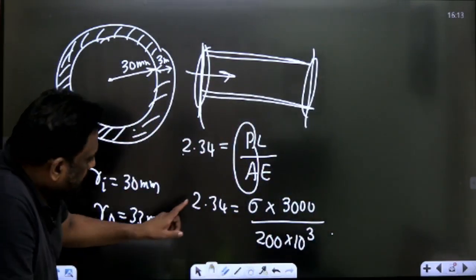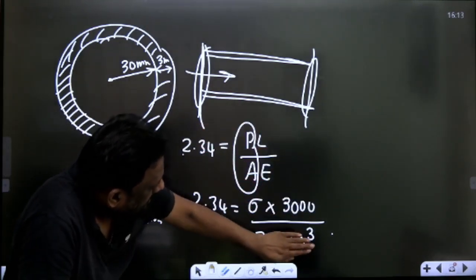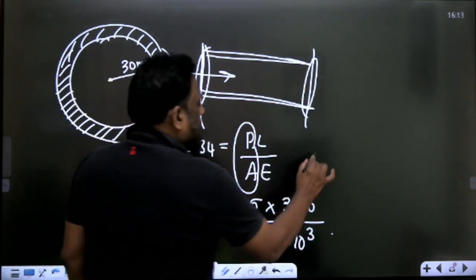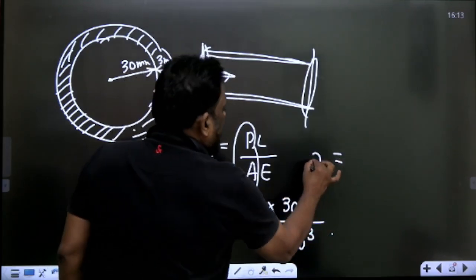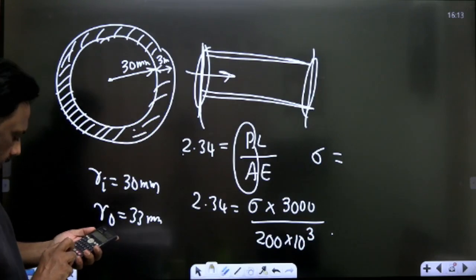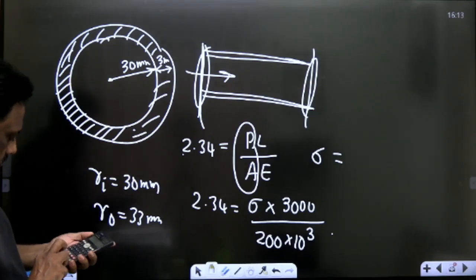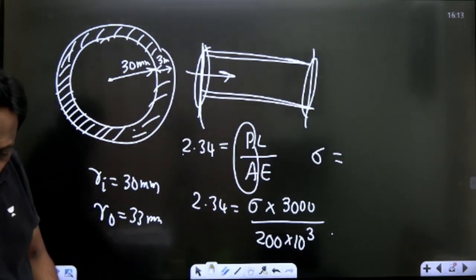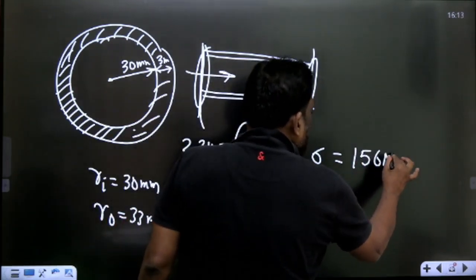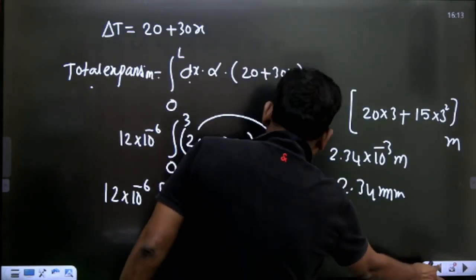Units check: L is in mm, and E is in megapascal, so sigma will be in megapascal. If I calculate sigma, 2.34 into 200 comes to about 156. So sigma is equal to 156 MPa. 156 MPa is the right answer.